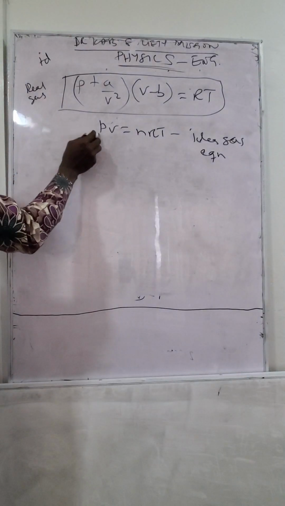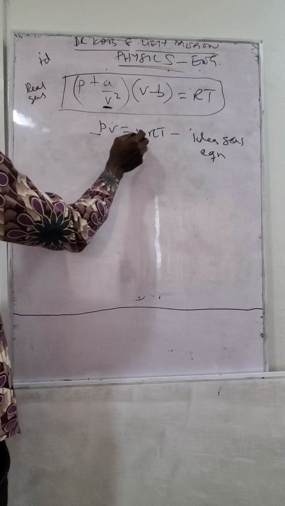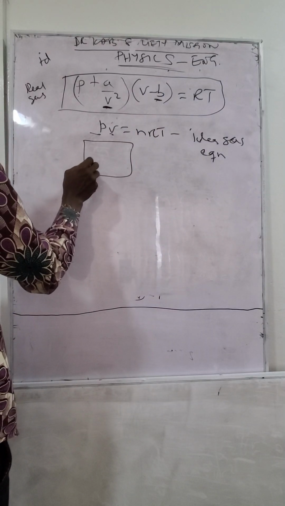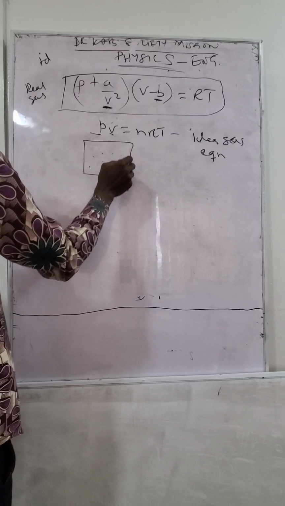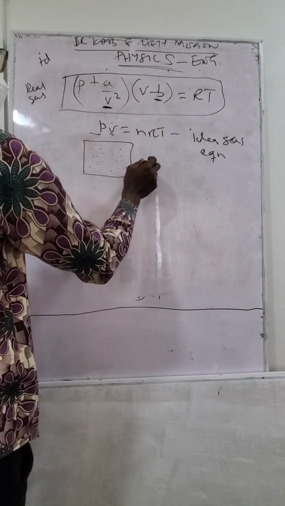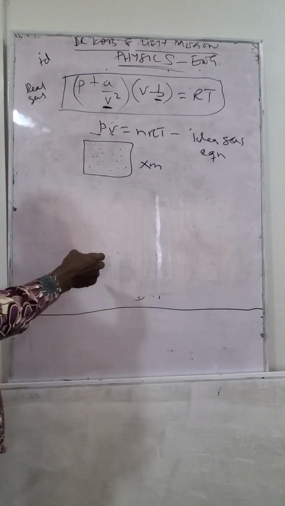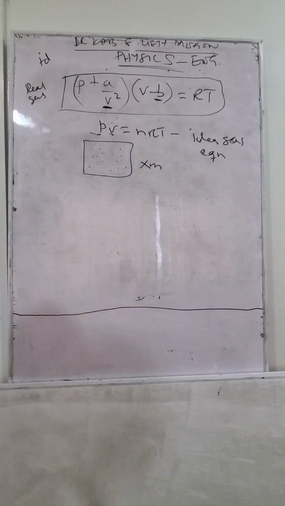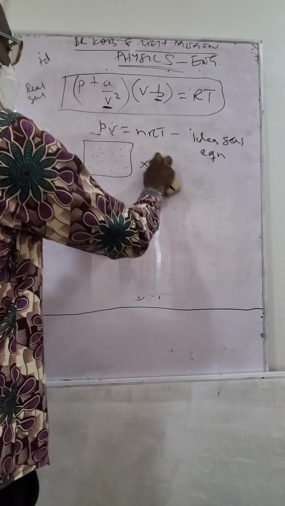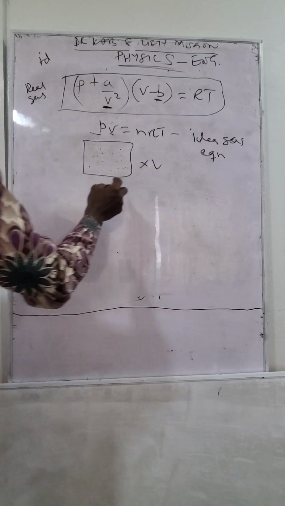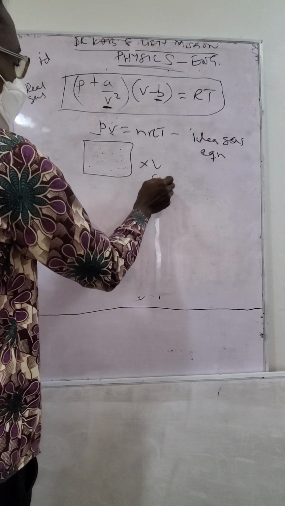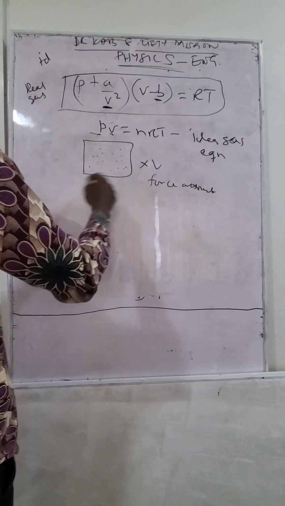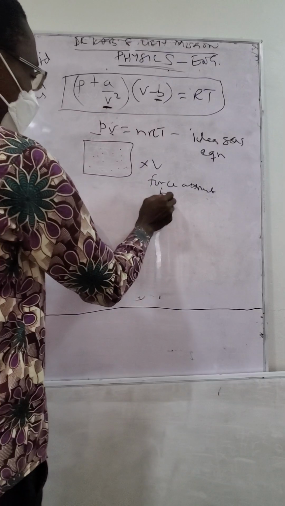Now you see that here we have added something to P, and here we have subtracted something from V, because in the ideal situation we assume the particles of the gas have no mass, and neither do they have volume, negligible, and there is no force of attraction or distance between them, so force is also out.